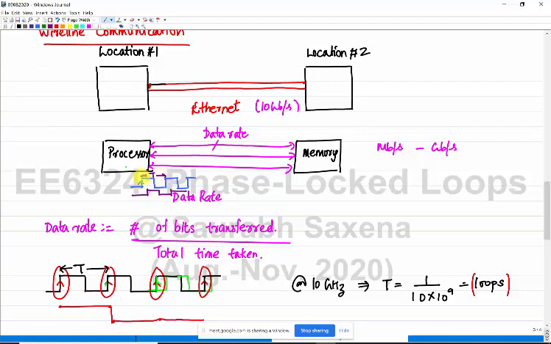Delay doesn't change the period. It is like a time shift. Whether I am sending data at 10 Gbps now or one hour later, my data rate does not change if I am doing it at 10 Gbps both times. So delay is different from the time period.